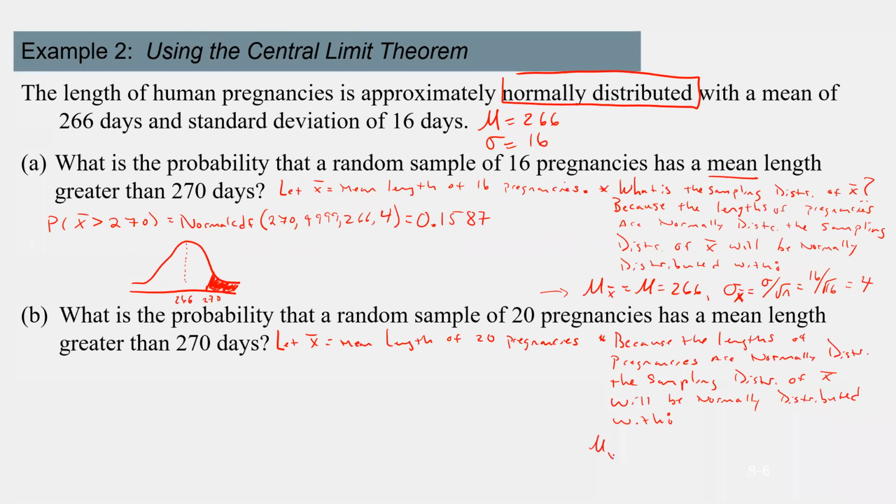The mean of X bar, does that change? It's still equal to the population mean, so no, it's still equal to 266. But will my standard deviation change now, my standard error? Yeah, the sample size changes. That's a good change. So it's going to be 16 divided by the square root of 20 now.